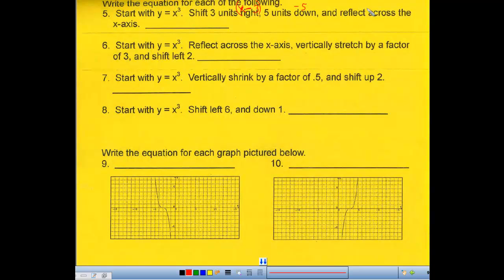So that's going to be in front of the function x cubed. So let's put this all together. Y equals, it is a reflection across the x-axis, so that's negative x minus 3 cubed minus 5. You try the next 3.